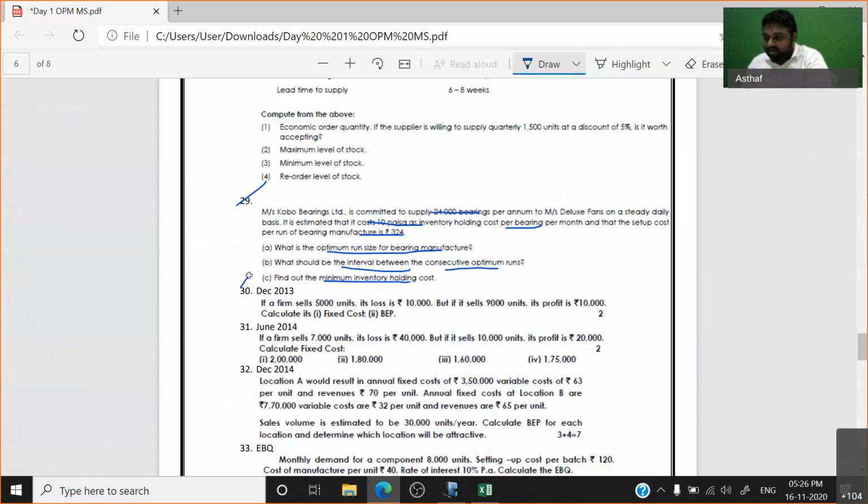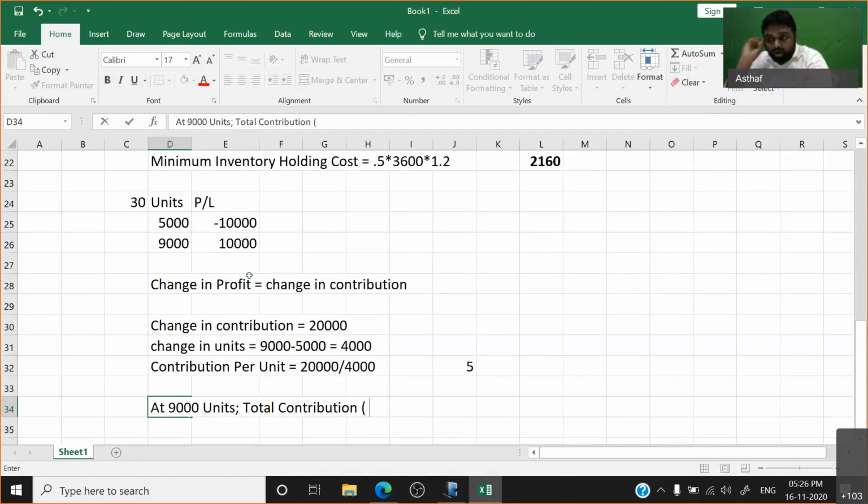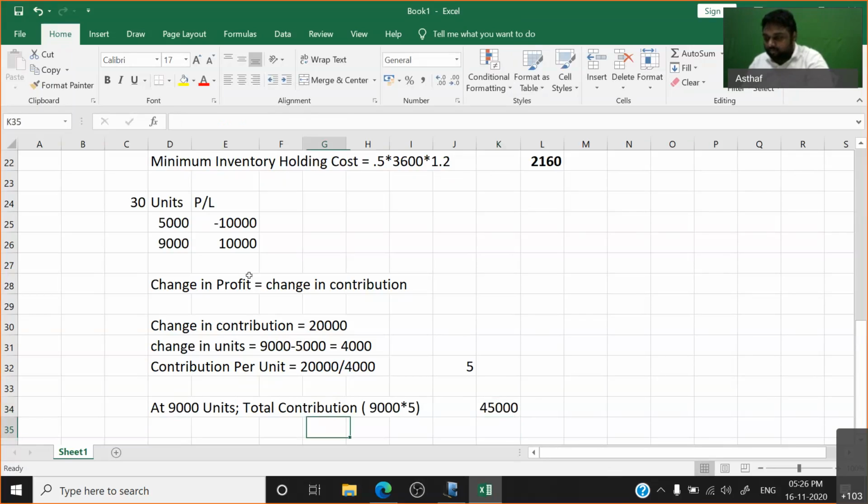Now calculate the fixed cost. At 9,000 units, what is the total contribution? 9,000 into 5, 45,000.